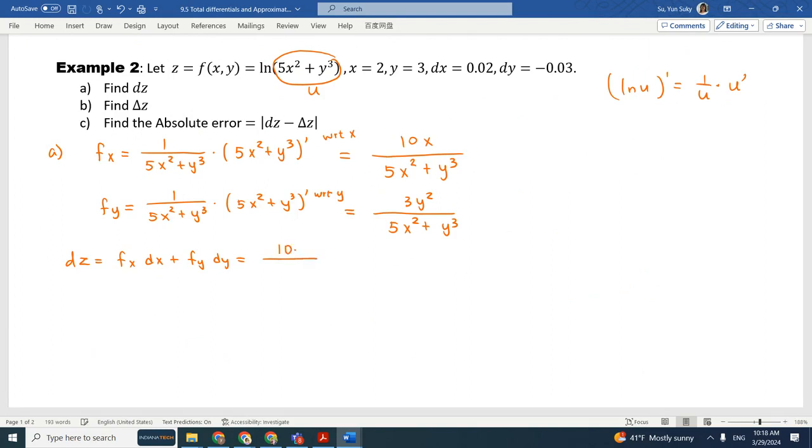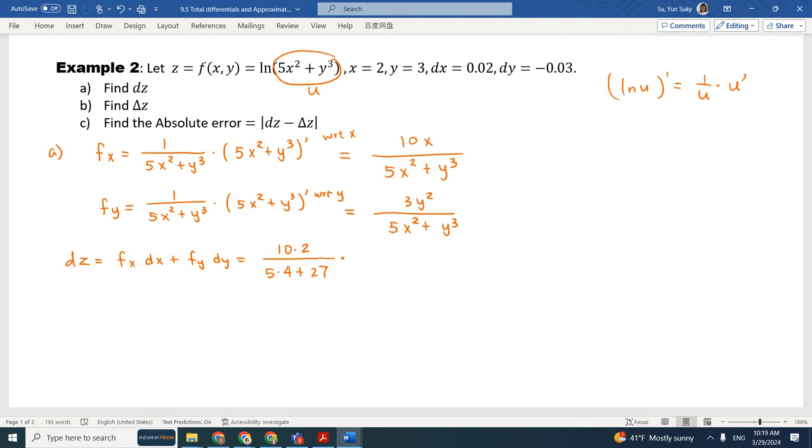So 10x, what is x? 2. And then the denominator, 5x squared is 20. y, what is y? 3, what's 3 cubed? 27. Good. So this is fx.